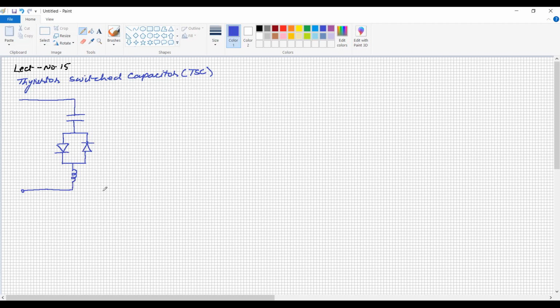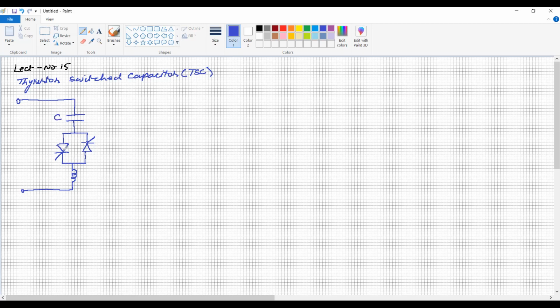A number of thyristors are connected in series to obtain the required voltage, and then it is called a thyristor valve. But the condition is that the gate pulse or switching on should be done simultaneously, otherwise the thyristor may fail. So this is very important.